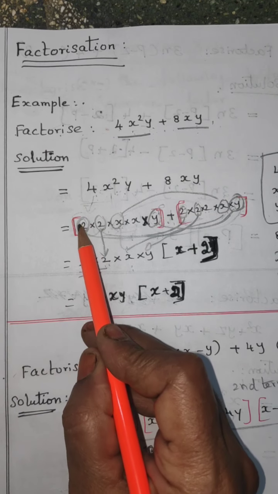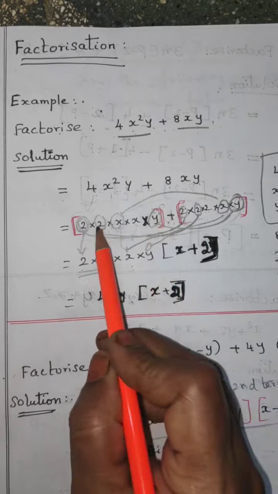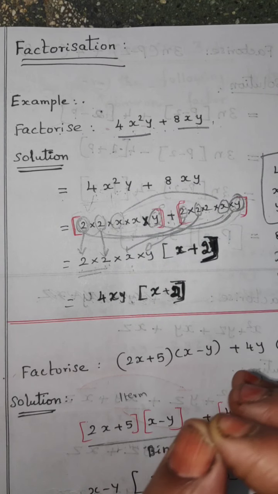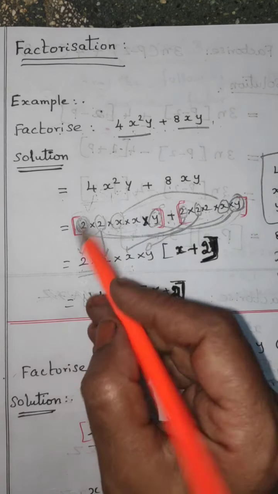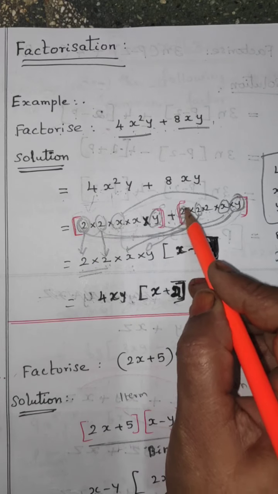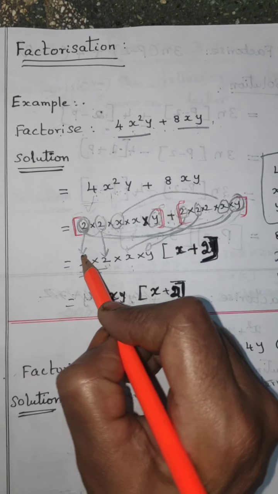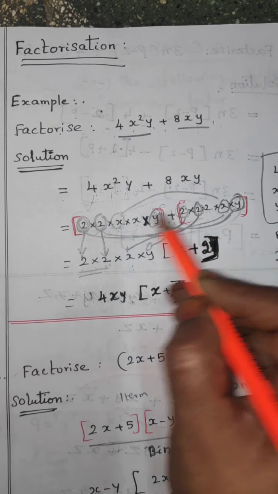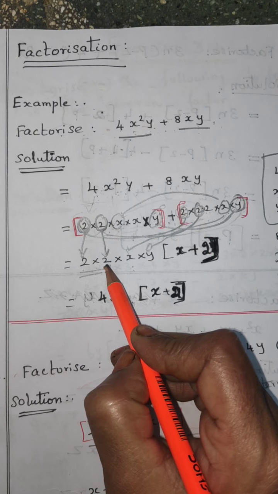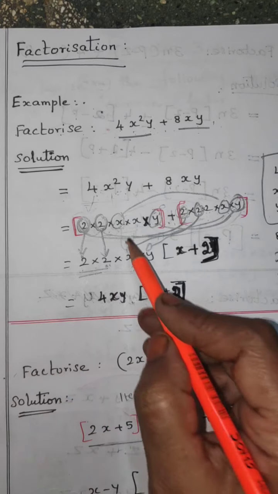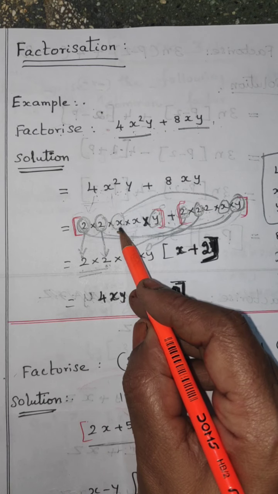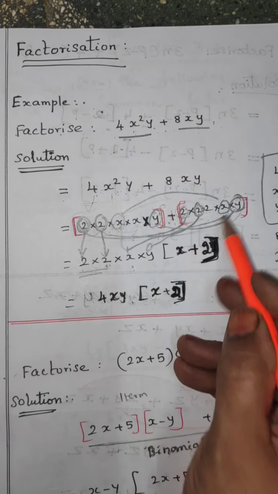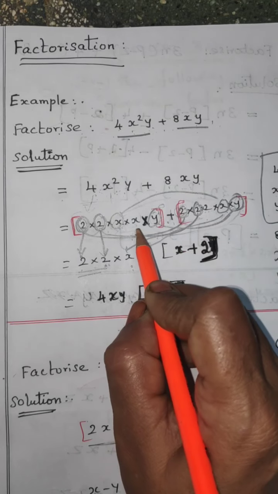Now see here, what numbers do both terms have in common? Here 1 two, there 1 two; these two twos, write one 2. Next another 2, here next 2; these twos, write one 2 only. Common ones are written once. The two numbers you write as one number, x, y. Which one is not common?